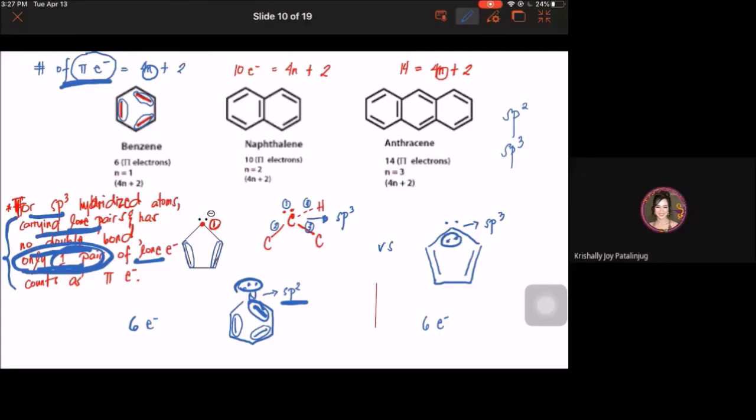Those are the two statements you consider in determining Huckel's rule. Those are very important. There are only two sentences.